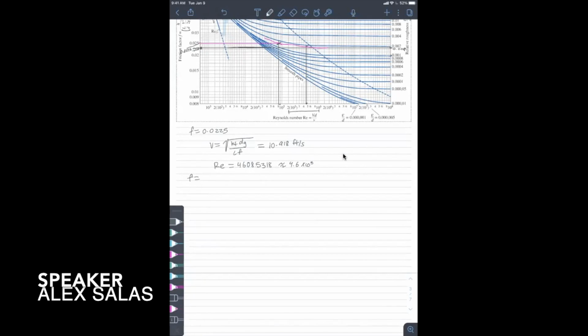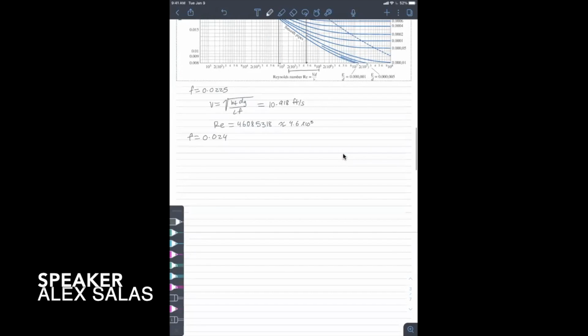Using the same velocity equation, we find that this time velocity is 10.572 feet per second. And then the Reynolds number would be about 8.2 times 10 to the 4th.